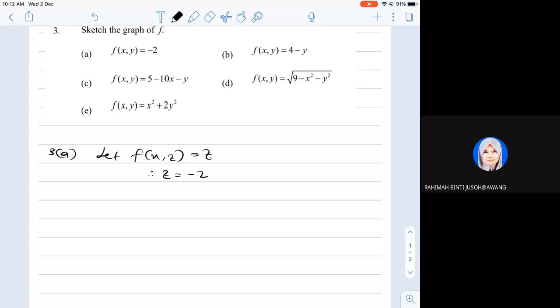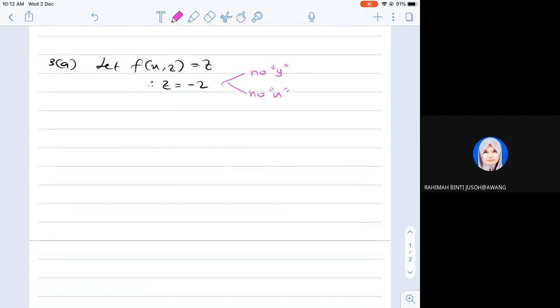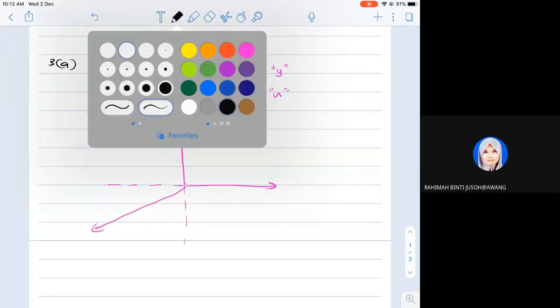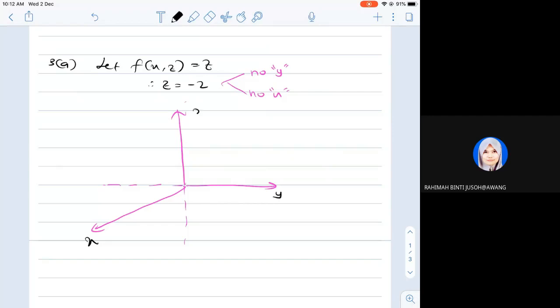Since there is no y and no x, this plane should be parallel along x and y. So let us sketch this. Let's say we have negative 2 down here.